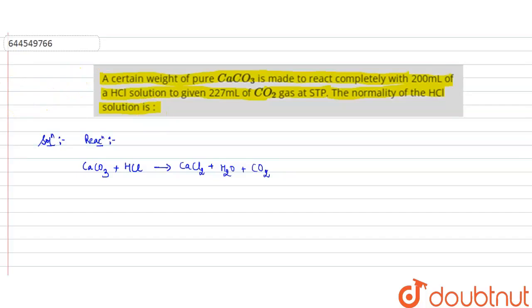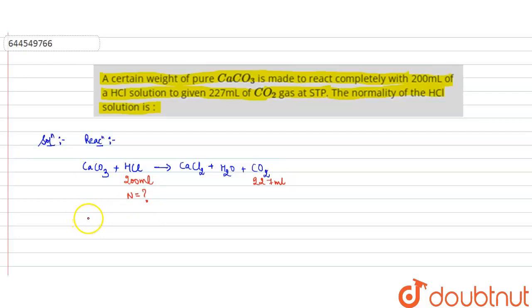Now, what is the volume of HCl that is reacting? It is 200 ml of HCl, and the amount of CO2 produced is a volume of 227 ml. This is all from the information already given in the question, and for this HCl we have to calculate the normality, denoted by capital N.